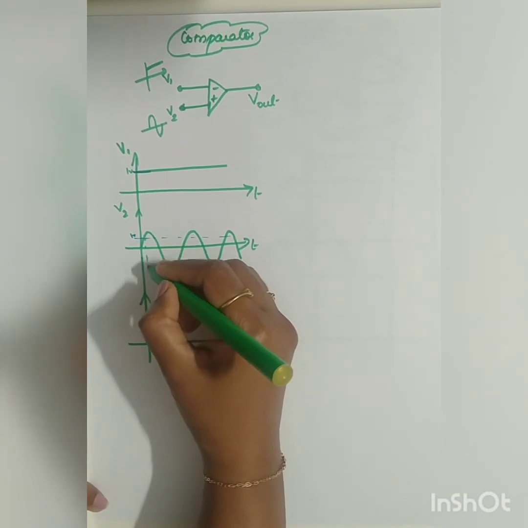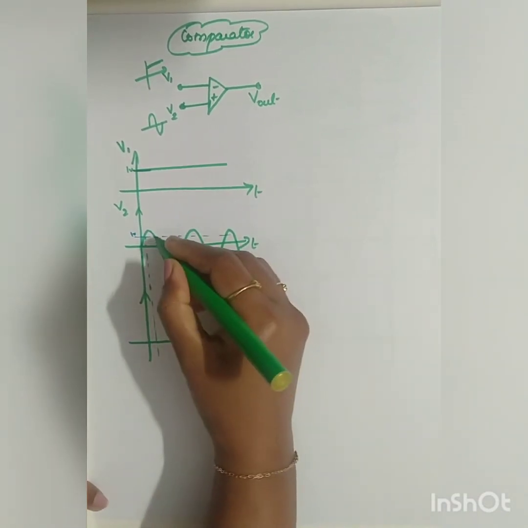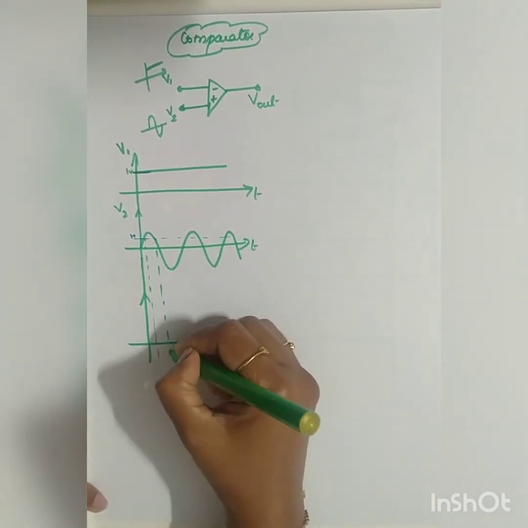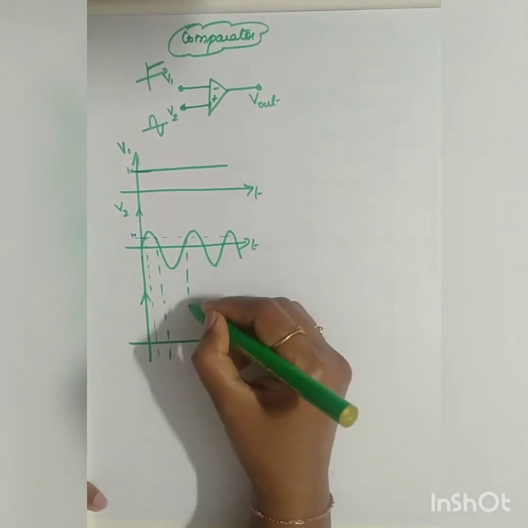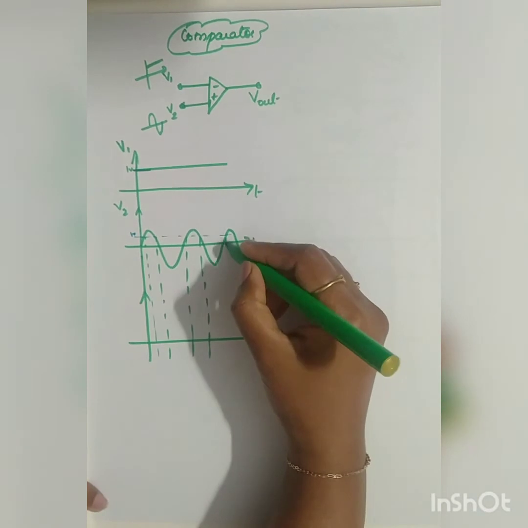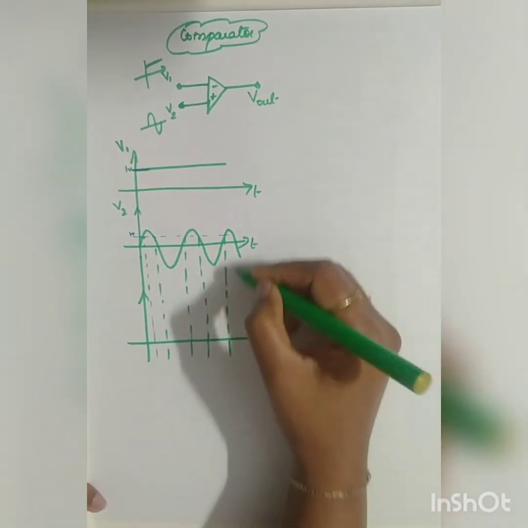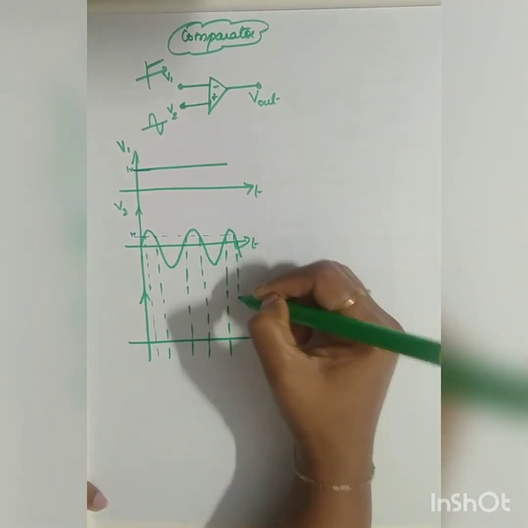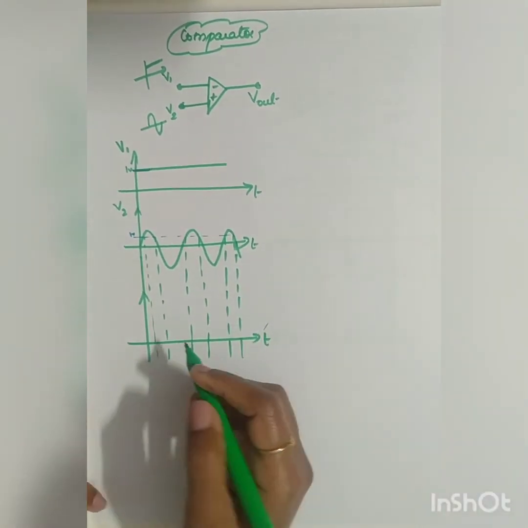So here let me make it more specific. Whenever your signal V2 is greater than V1, that is above 1 volt, you will be getting your signal to be positive.